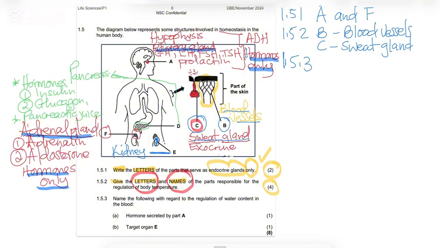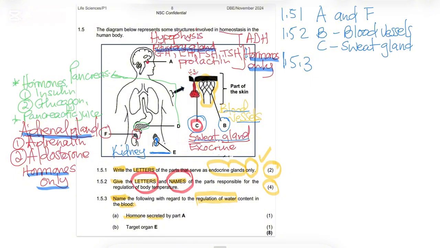This question is asking us to name. So we are supposed to provide a name. Name the following with regard to regulation of water content in the blood. So they want us to identify the hormone that is secreted.